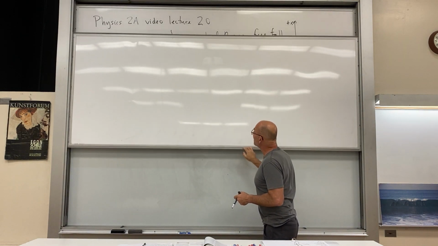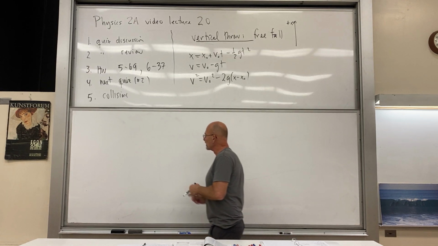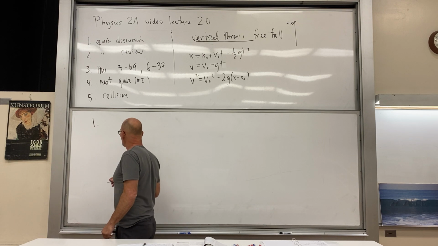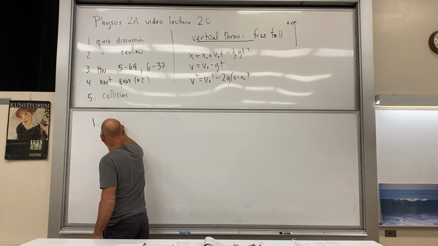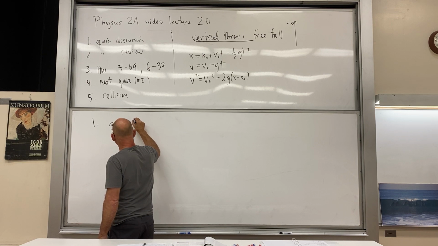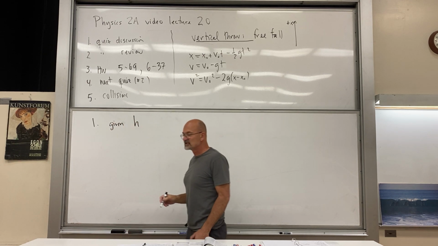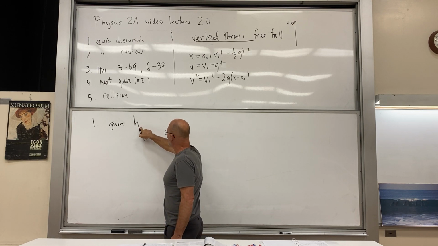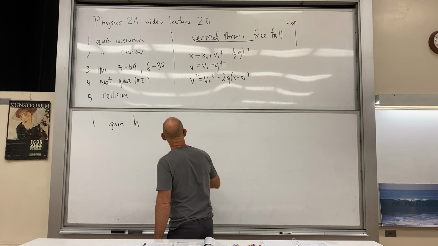So now we have these 3 questions, and what was given was the maximum height. So maximum height was h. So that was given, and then we wanted to know what the initial speed was. Okay.